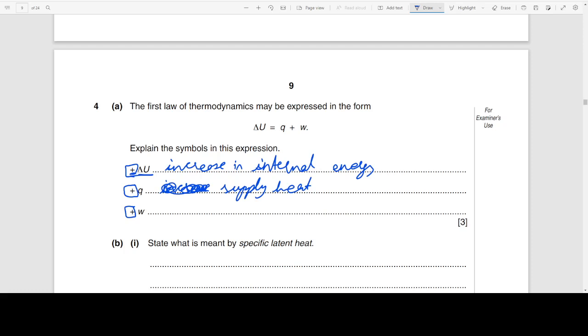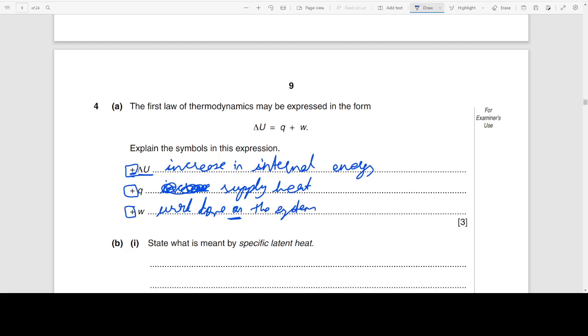But since it's W, the work will be done on the system, so that there's an increase in internal energy. So it's work done on the system.